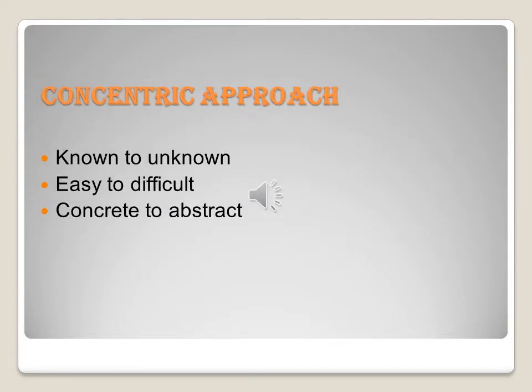The next one is concentric approach. Do you remember, in the first unit we were talking about the organization of content matter? Concentric approach, do you remember that? Yes. Here the first principle of concentric approach is known to unknown. The children start with the known things.